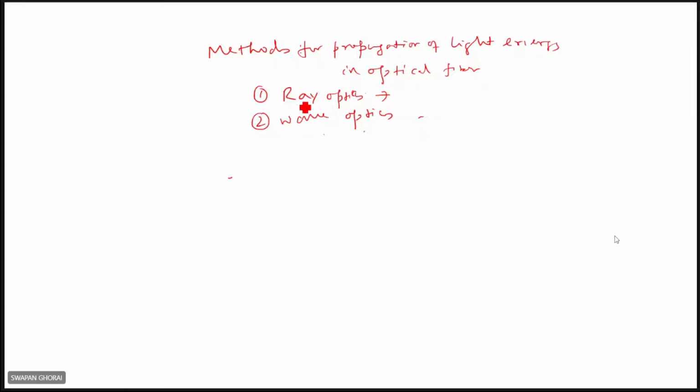So to know exactly what this ray is, you consider a point source and an aperture, and consider a screen. This is a screen, not a reflecting surface. This is AB, the aperture, and this is the point source P. Now, if this aperture is large, a few inches to a few centimeters, then what will you get on the screen?